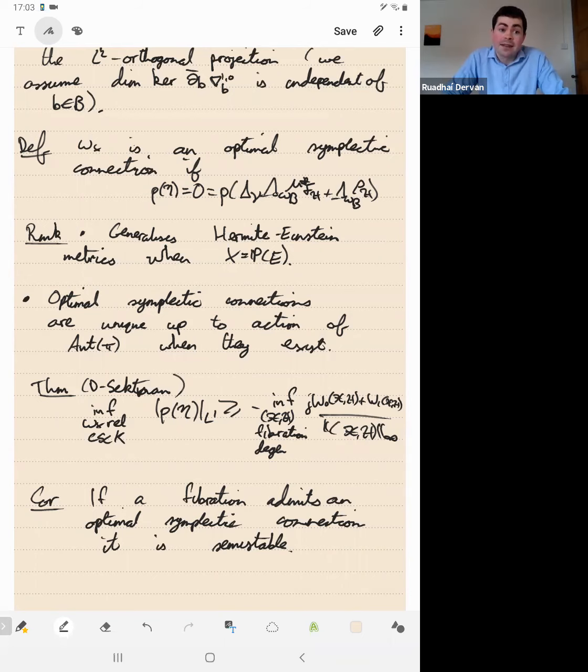On the differential geometry side, we have a theorem that says if a smooth fibration admits an optimal symplectic connection, then the automorphism group of the fibration is reductive. Even further, it's a complexification of the isometry group of the optimal symplectic connection. What you see is precisely the automorphism group of the fibration coming into this story, which suggests there should be quite a lot of geometry to what we've been doing.